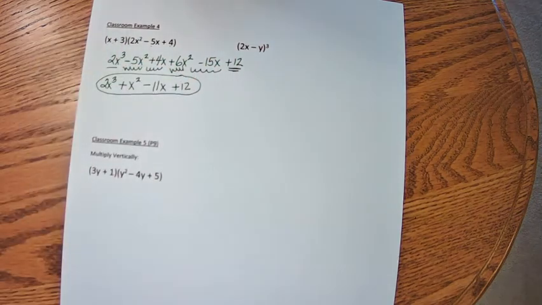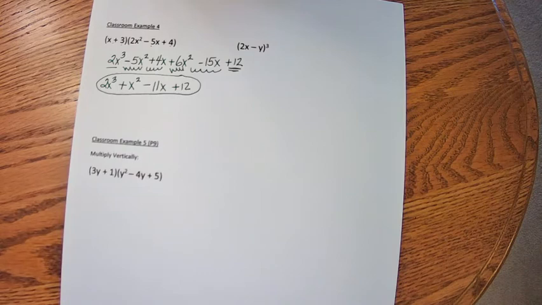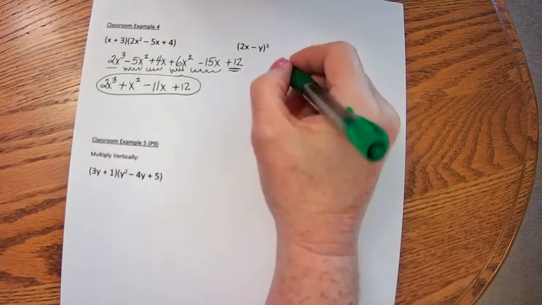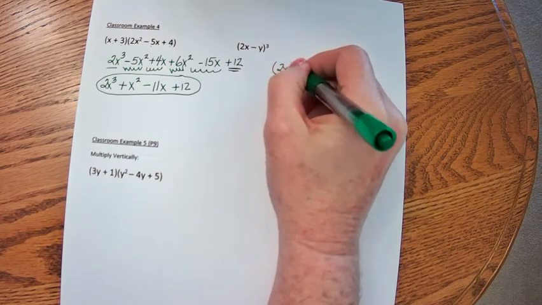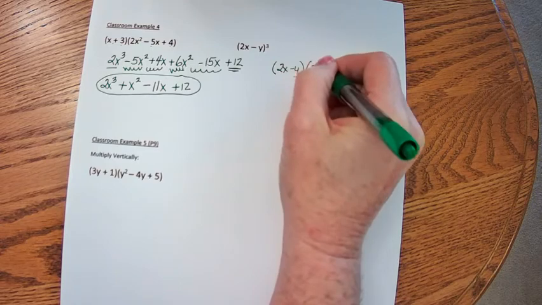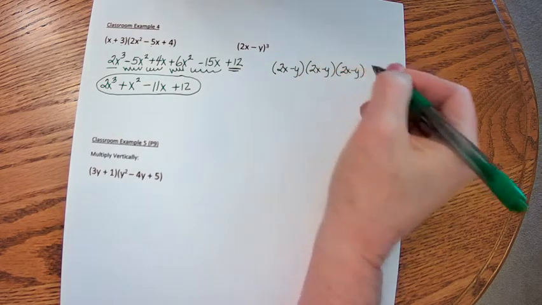So distributing out the second polynomial multiplied by each term in the first polynomial, this is what you get. Here we have 2x minus y to the third. This is 2x minus y multiplied by itself 3 times.